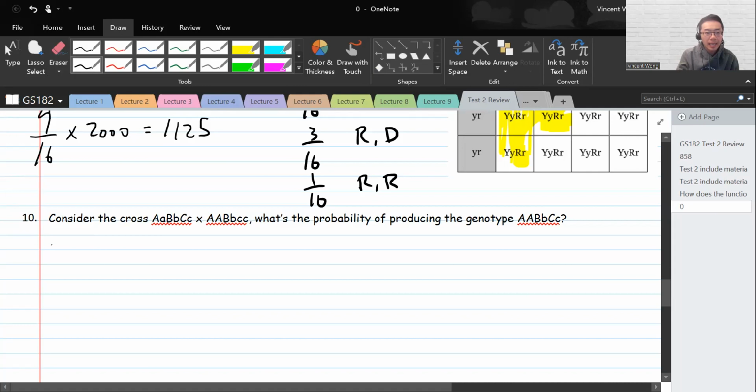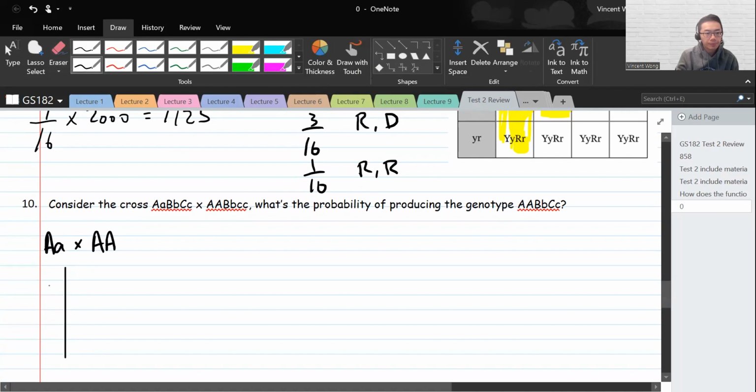So we focus on the A, then we have big A, small a, cross big A, right? You see that? And then we're going to go ahead and do the Punnett square. Big A, small a, big A, big A. And it's just, you know, same stuff.